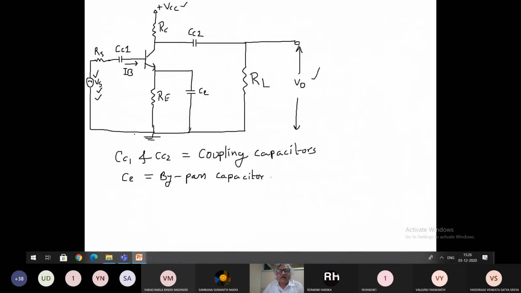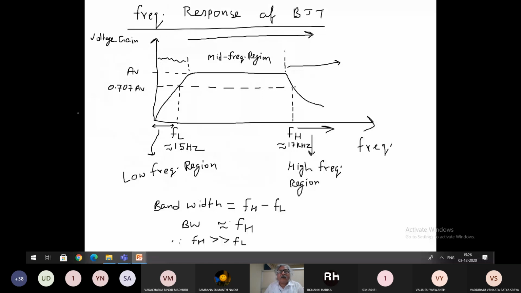You just see this frequency response. In the mid frequency region it is flat, there is no voltage drop. But in the high frequency region the voltage gain is reducing.